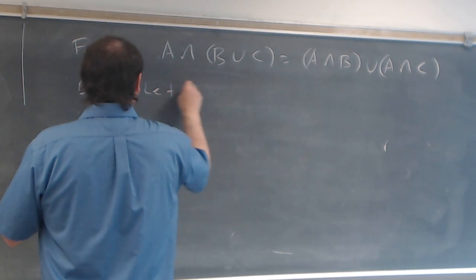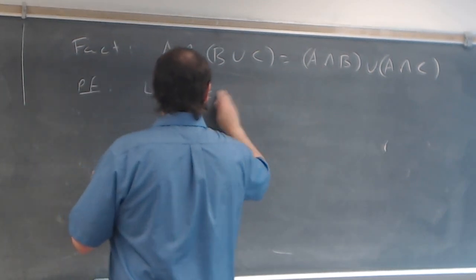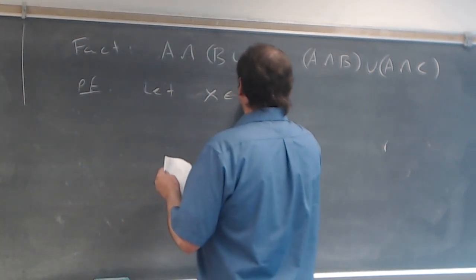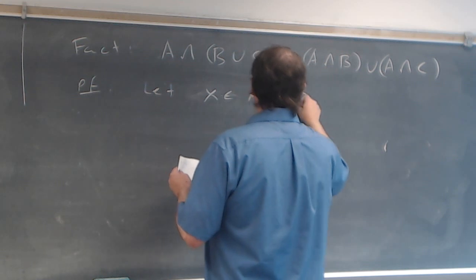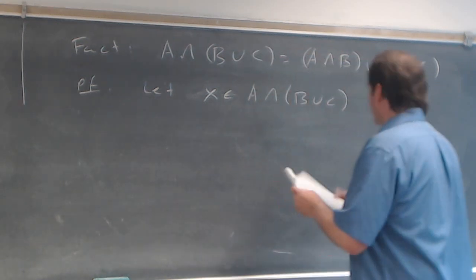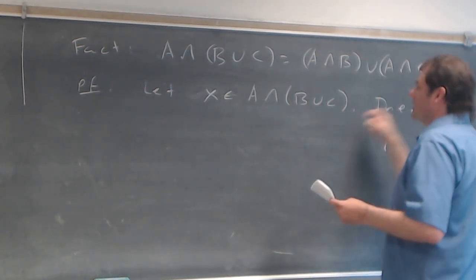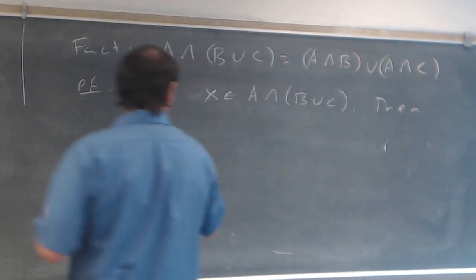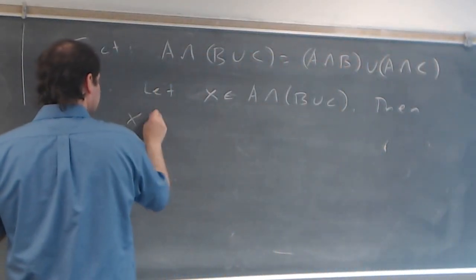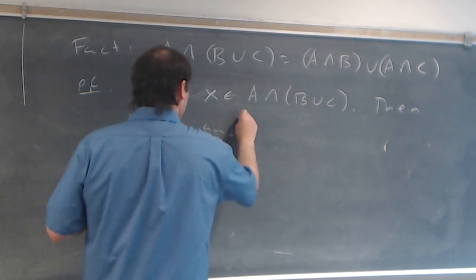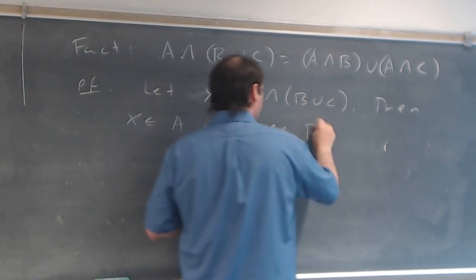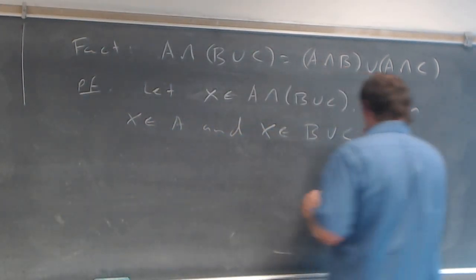We start off by letting X be an element of A intersect B union C. What does this mean? To be in an intersection means you have to be in both of these sets. So X is an element of A, and X is an element of B union C.